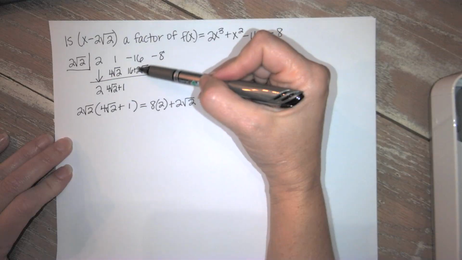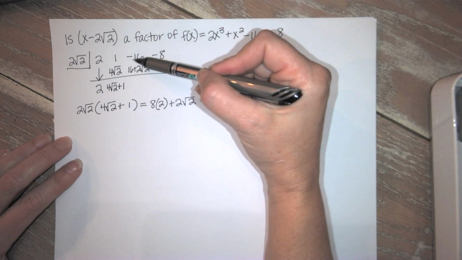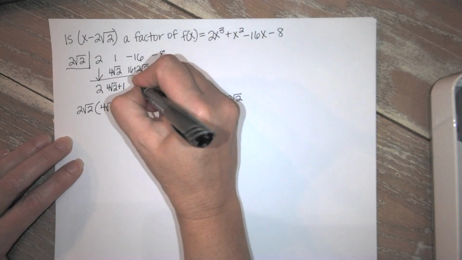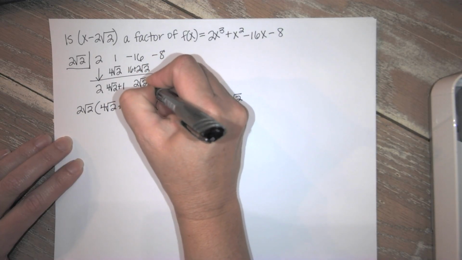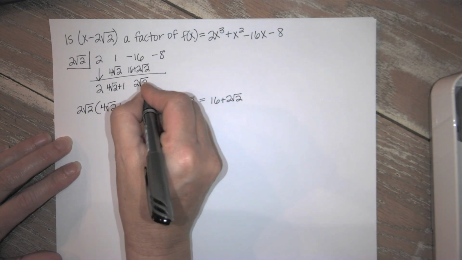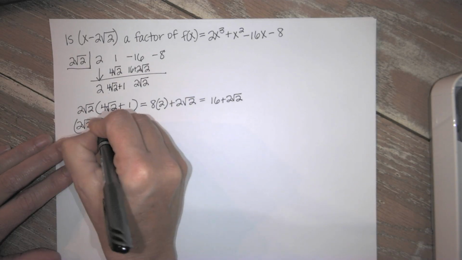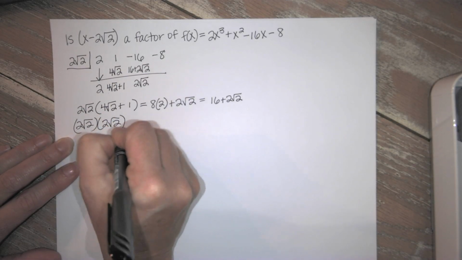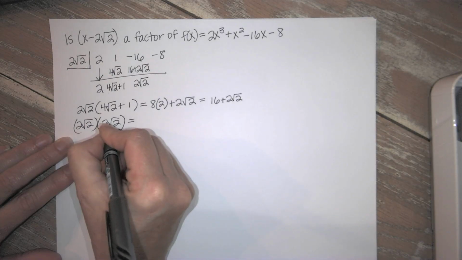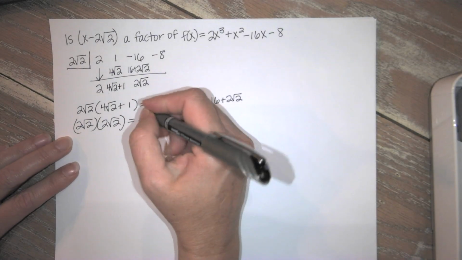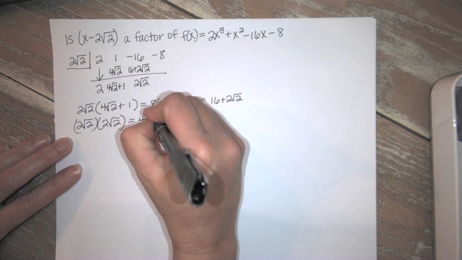And then when I combine these, you see that my 16s are going to cancel out, a negative 16 and a positive 16. So I'm just going to end up with 2 square roots of 2. Then I have to multiply 2 square roots of 2 times 2 square roots of 2. And I multiply these numbers in front of the radicals together. And then I'll multiply the radicals together. Square root of 2 times square root of 2 is 2.